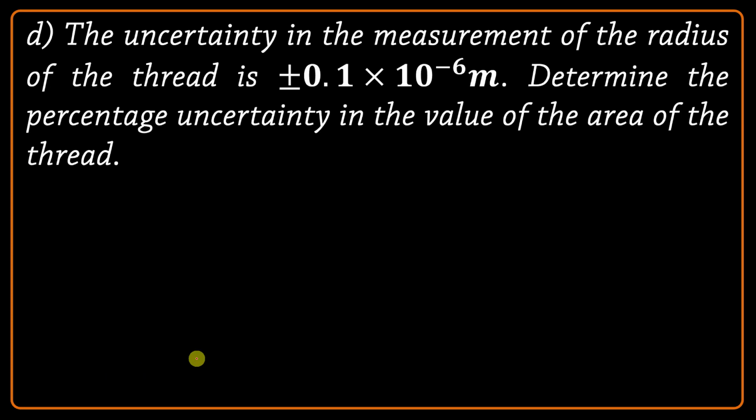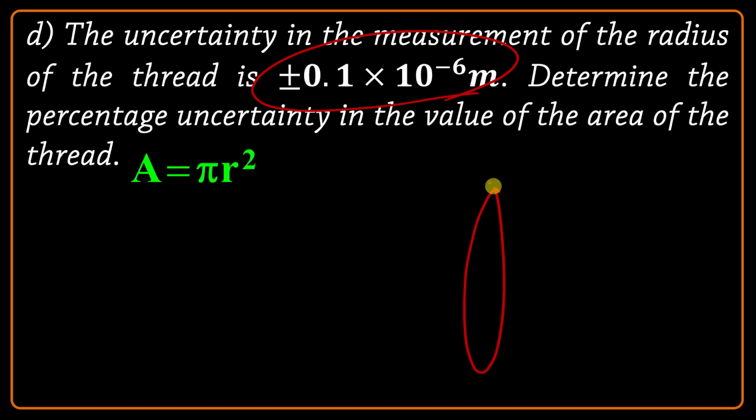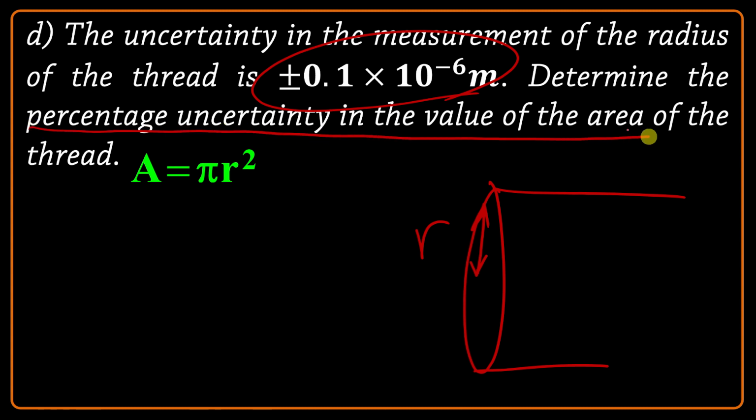Part D. The uncertainty in the measurement of the radius of the thread is this. The uncertainty is given, okay? Determine the percentage uncertainty in the value of the area of the thread. Okay. Let's go back to the definition of area. For a circle with the radius of r, area is defined as pi r squared. I'm looking for the percentage uncertainty of area.